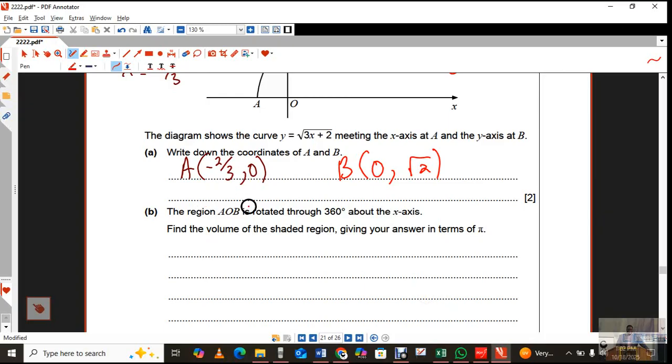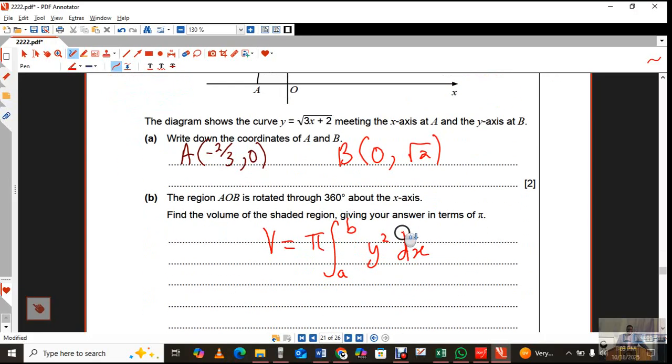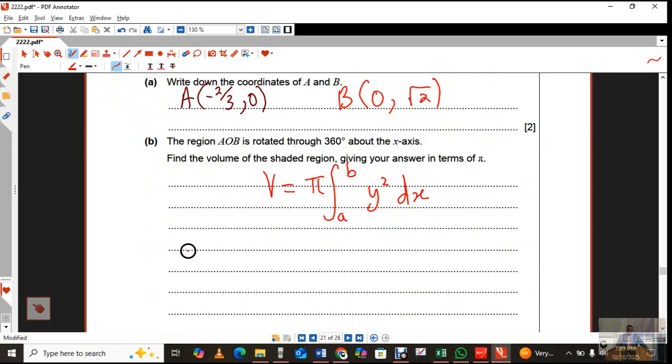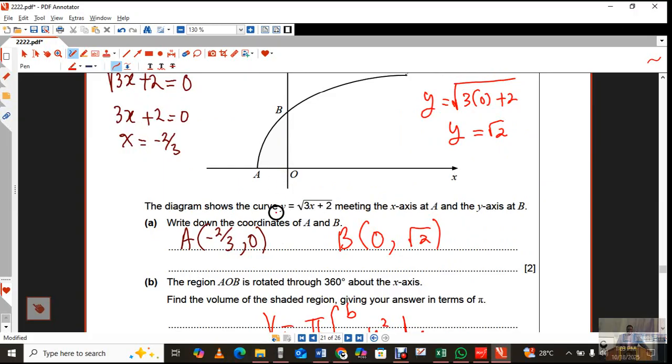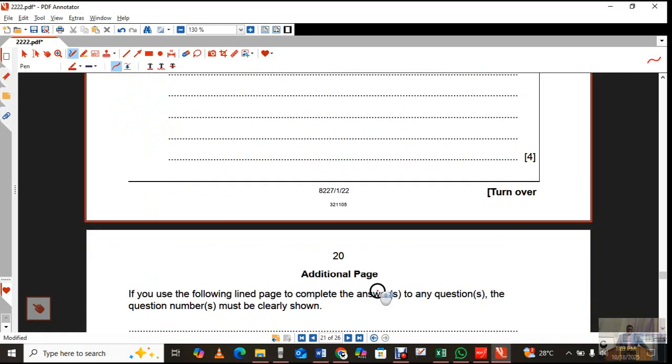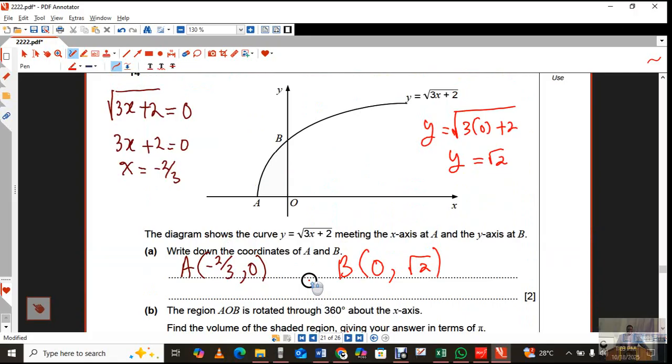Now the formula to find the volume of revolution is pi, then you integrate from A to B, and then you want to have your function squared with respect to x. Now the nice thing is the function already has a square root, but let me just write it down anyway. So the volume is going to be from the value of x, the lowest is negative 2 over 3 from what I've calculated, and it's going to go all the way up to 0, where x is 0 here, okay, because we are going to rotate this thing about the x-axis, all right?